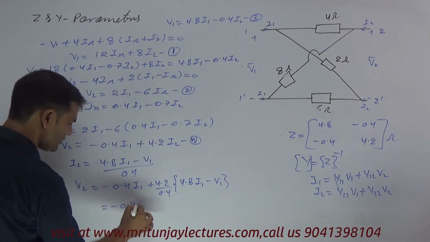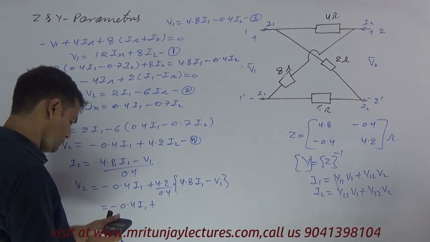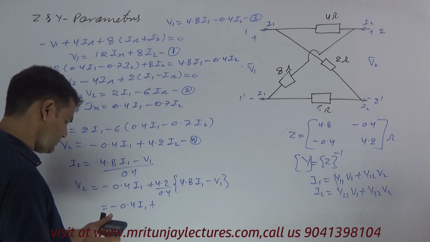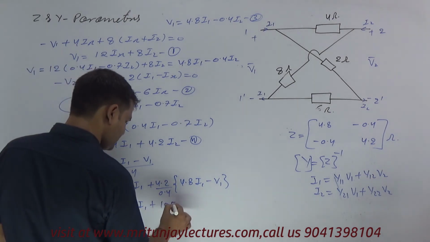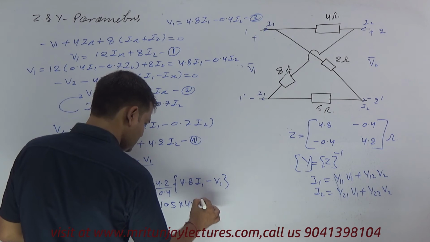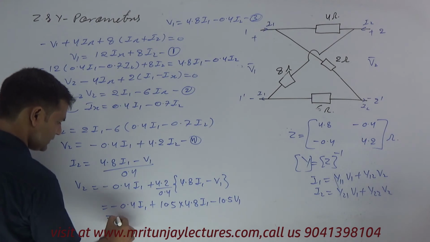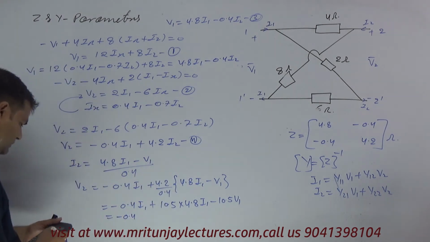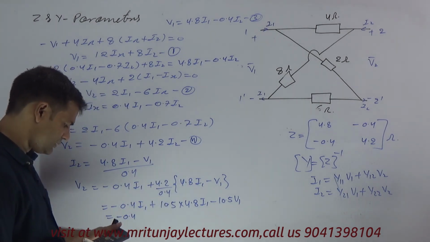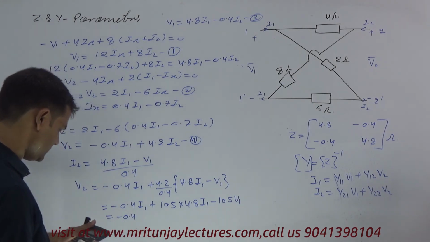So minus 0.4 I1 plus 4.2 divided by 0.4, we got about 10.5 into 4.8 into I1 minus 10.5 into V1. So that is 0.4 I1, our motto is this one and this one. So 10.5 into 4.8 like this one minus 0.4, that is 50.